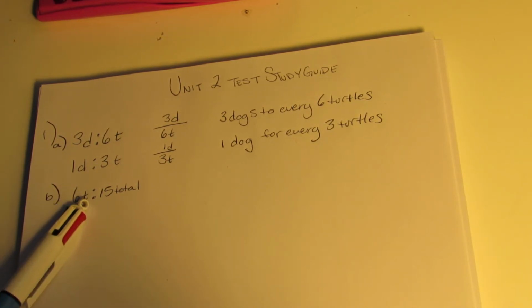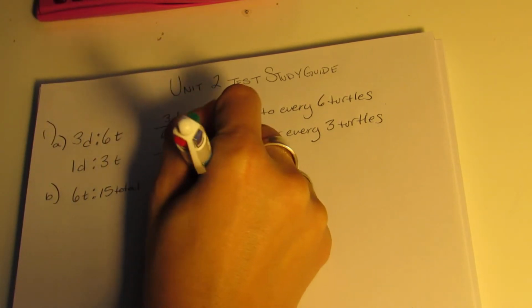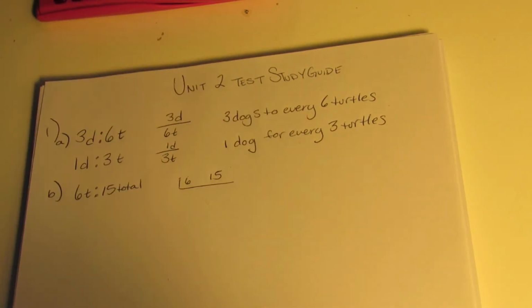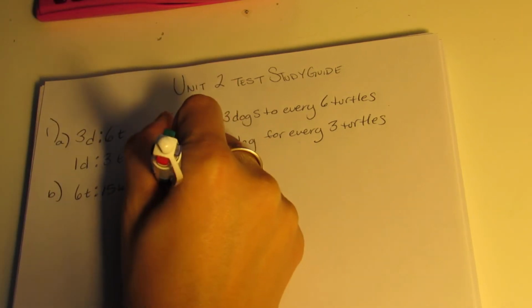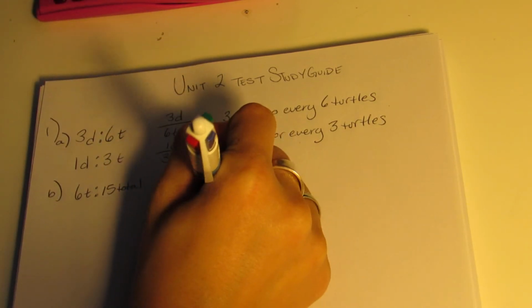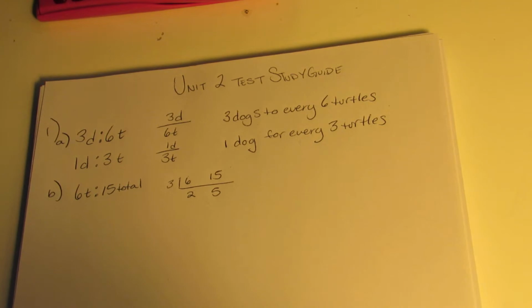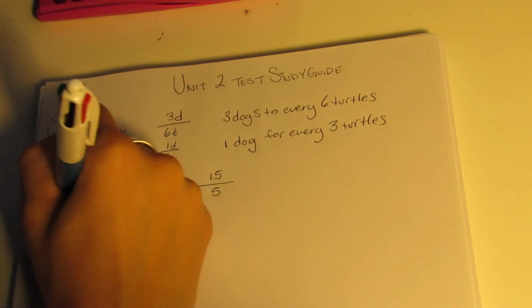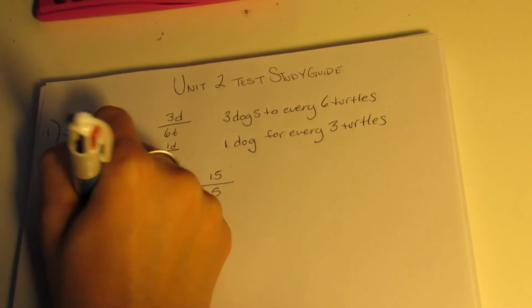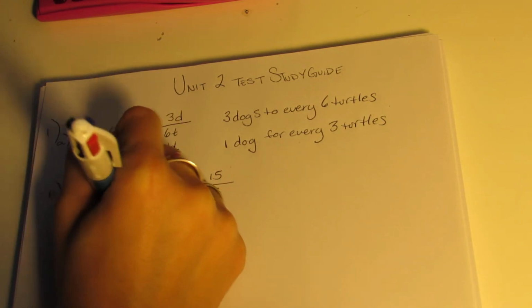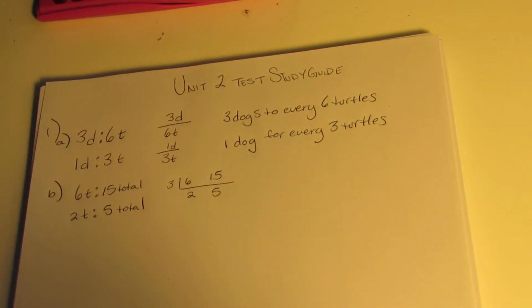But we can simplify that with, if I did a little side math, the greatest common factor of 6 and 15, say 3, would be 2 to 5, meaning for every 2 turtles, there are 5 total creatures.